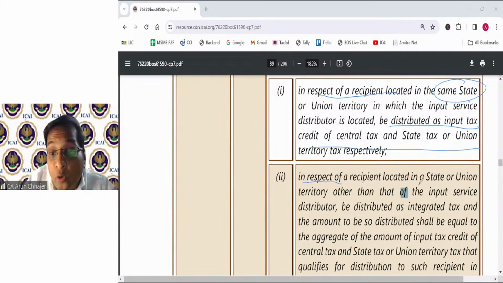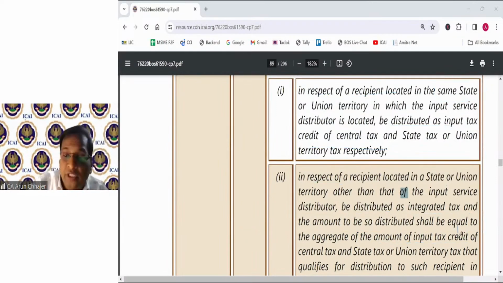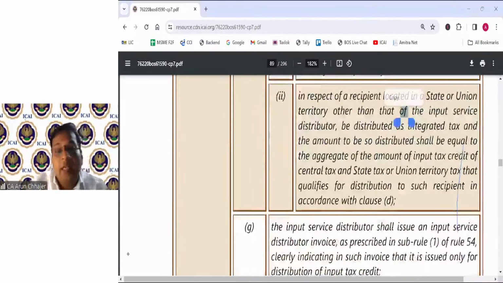But if it is located in a different state, then like I have given the example from Maharashtra to Rajasthan, if Maharashtra unit has any ITC of C and S in the ISD registration, then it will be distributed as IGST, and amount to be so distributed shall be equal to the aggregate of the amount of ITC of center and state that qualify for distribution to such recipient in accordance with the clause D.